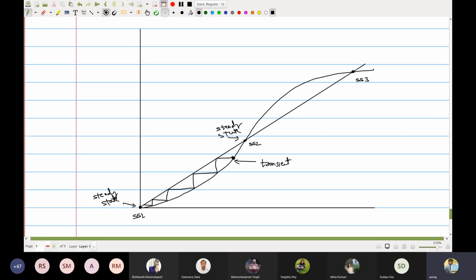Which means that you will settle here. In other words, this is a stable equilibrium solution, right? You're always moving in this direction, which means that this is unstable.